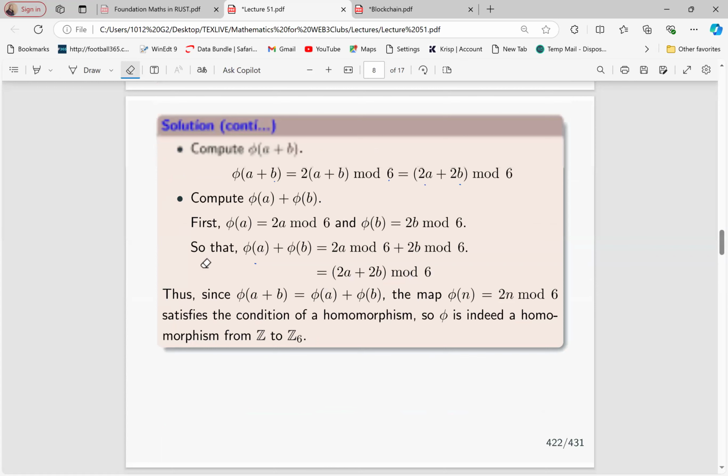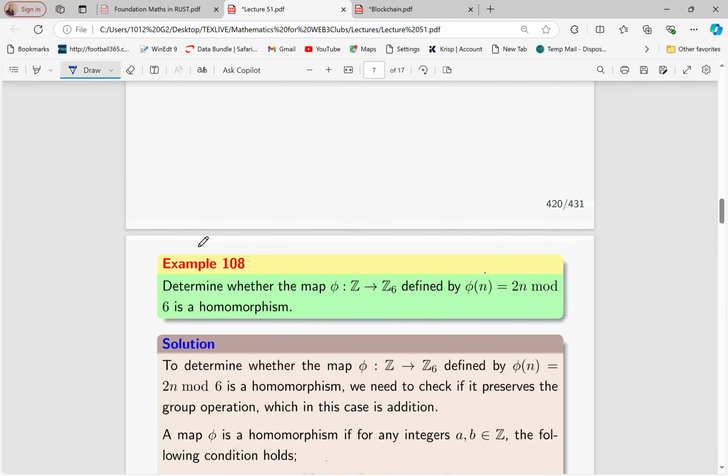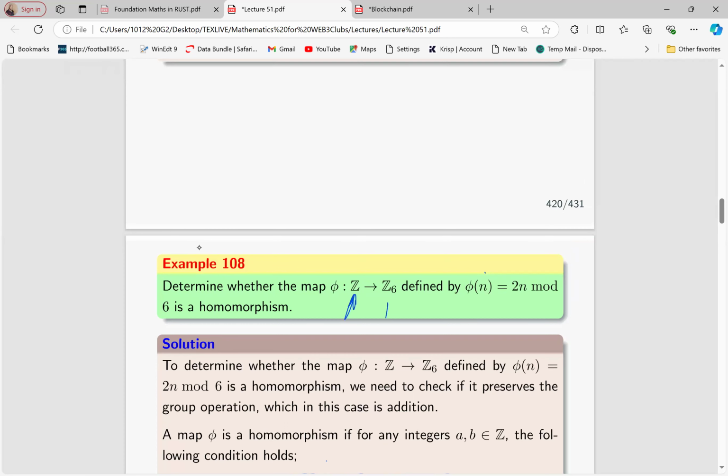It can do example 108. So what I'm doing is giving it this group and this other group, and then giving it the definition of phi, and I want it to tell me whether this phi is a homomorphism.